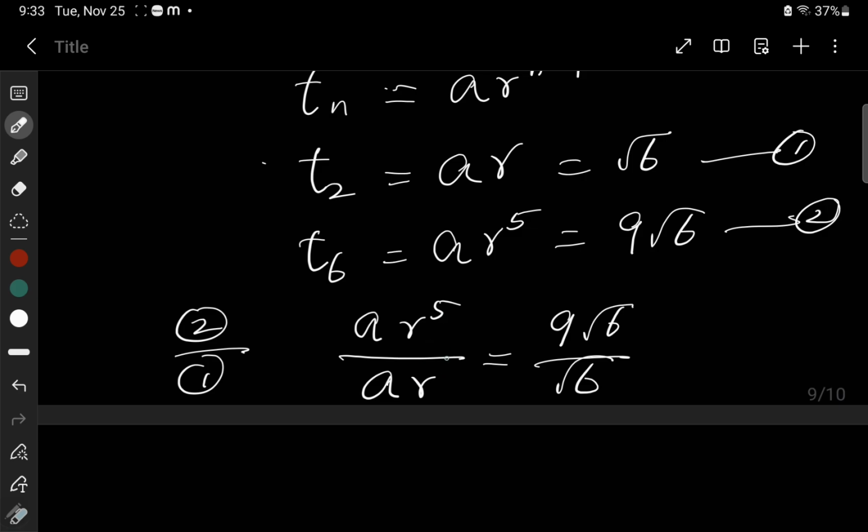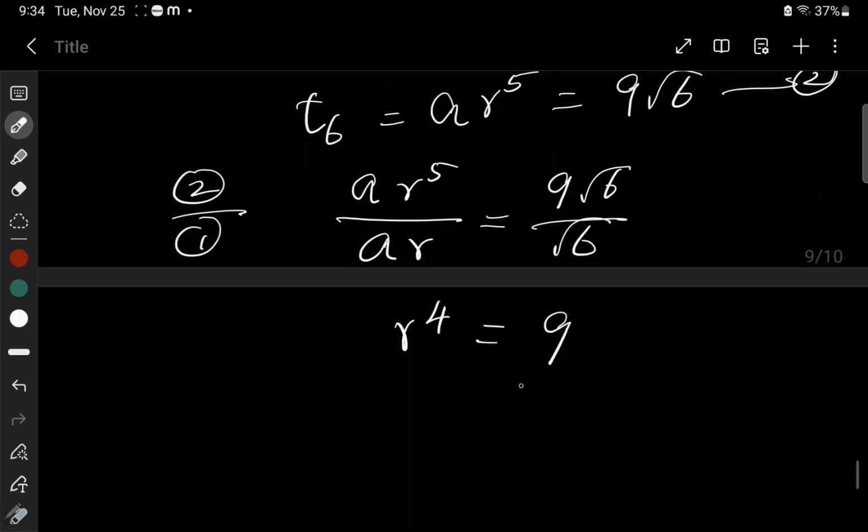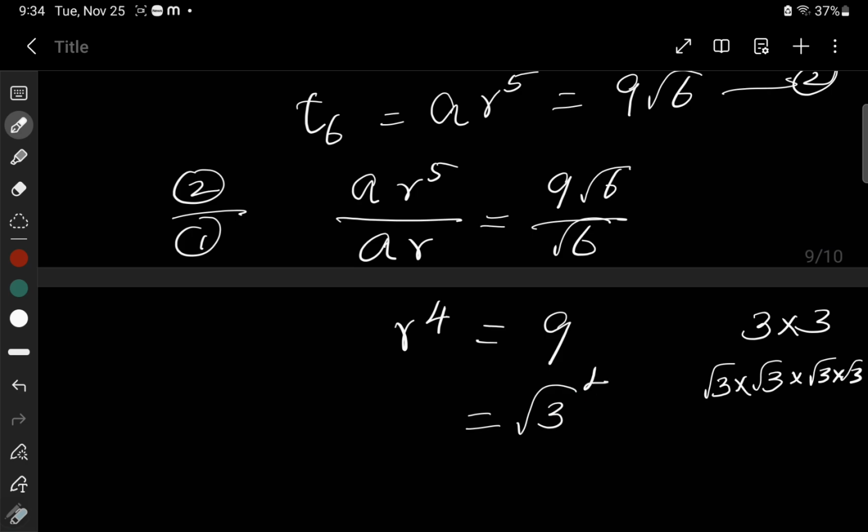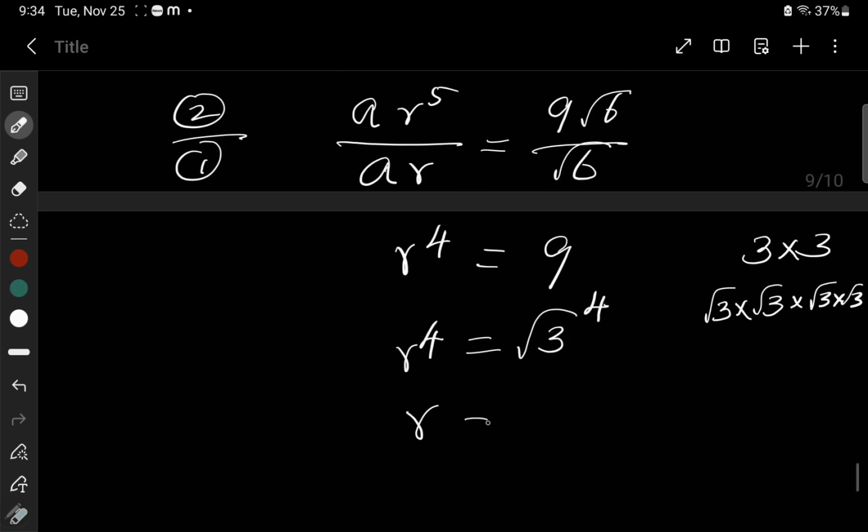So you subtract the degree, 5 minus 1 is 4. R power 4 is 9. So what is r? When I factorize this 9, I can write it as 3 into 3. But I have to write it as power 4. So this 3 can be replaced as root 3 into root 3, again this 3 as root 3 into root 3. So 9 can be written as root 3 power 4. So r power 4 equals root 3 power 4. So r is equal to root 3.